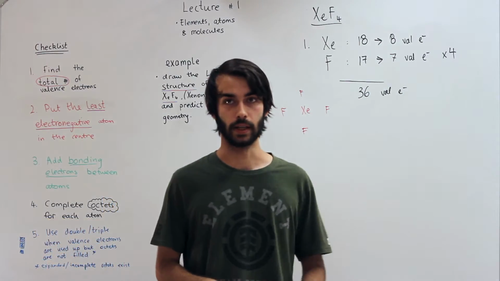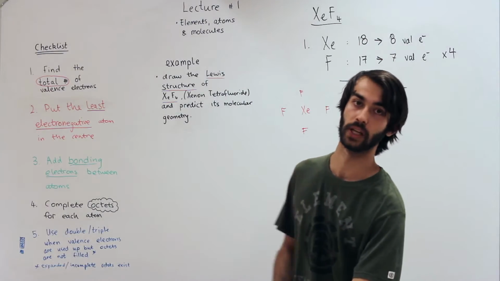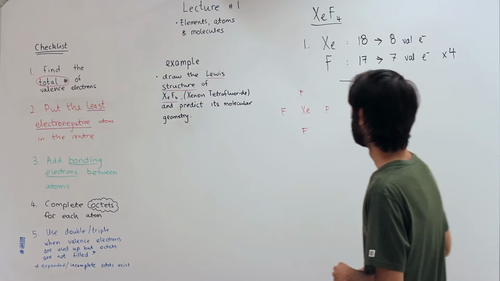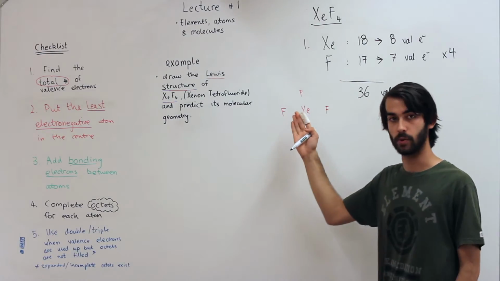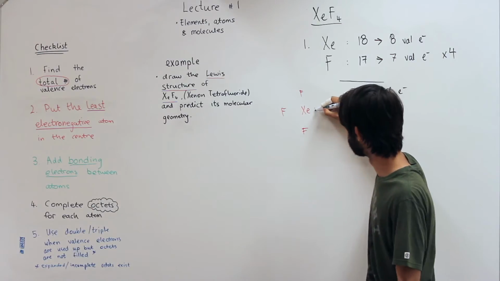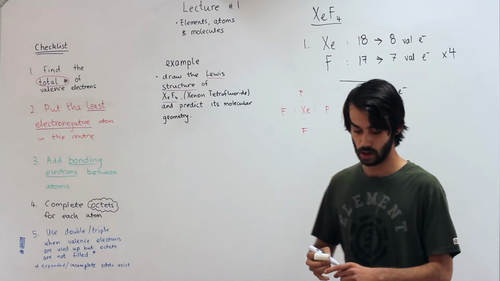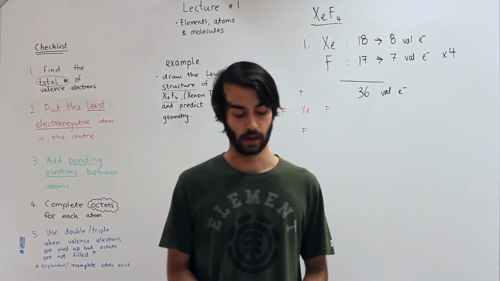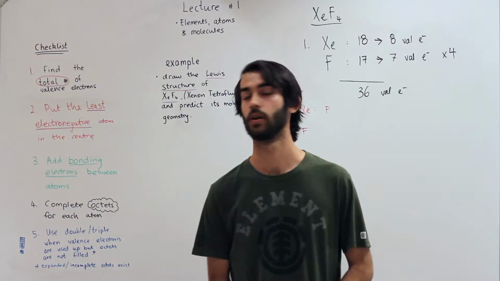And now once we've completed this, we can go on to looking at the bonding electrons that are falling in between these atoms. So I will change the color to make it more visible. But since we have bonds interacting between a fluorine and a xenon, there must be 2 electrons between each, like so. And now that we've completed the bonding electrons, we can then go on to complete the octets of these.